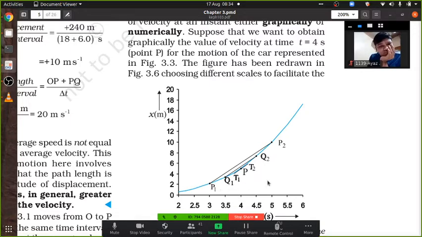The ratio will give me the ratio of distance and time. But will it be involving a long duration or short duration? If I consider P1 and P2, P1 starts at 3 and P2 shows 5. So that is a 2 second duration, in which initially the object was at 2 and now goes to 10.